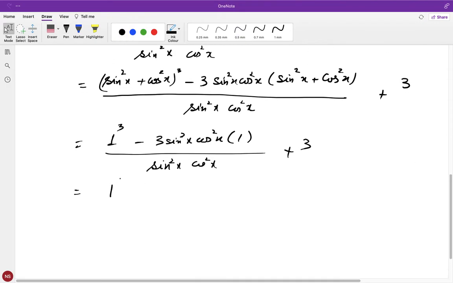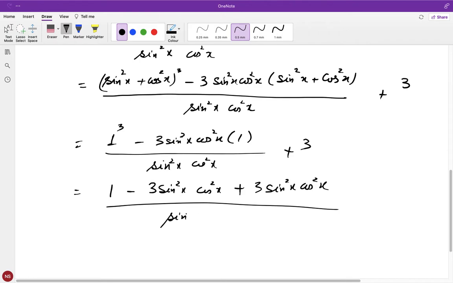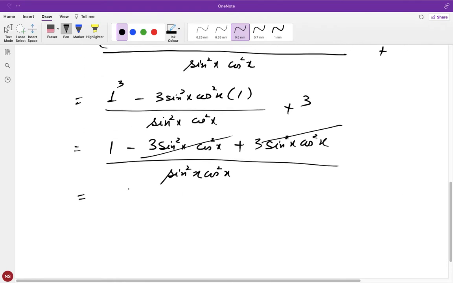So this is like 1 minus 3 sine square x cos square x, plus 3 multiplied with this sine square x cos square x by sine square x cos square x. This whole thing gets cancelled, right? So I'm only left with sine square x cos square x.